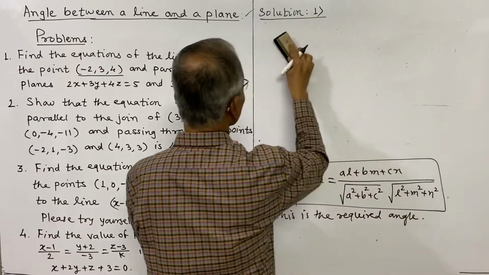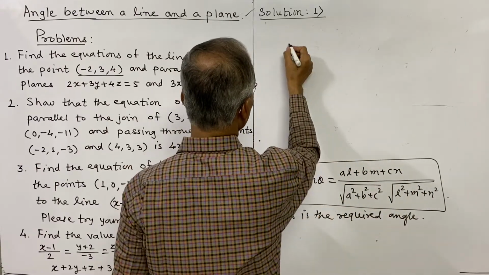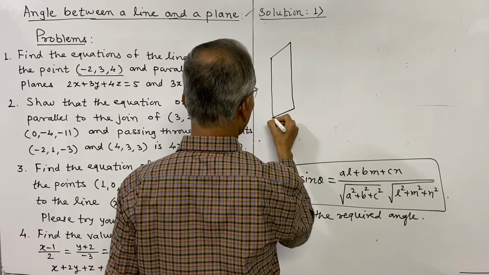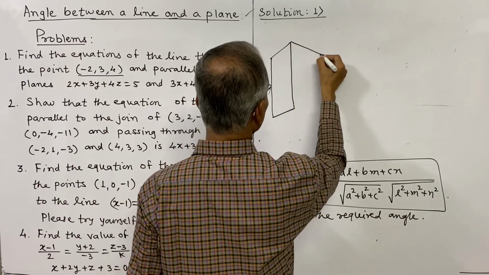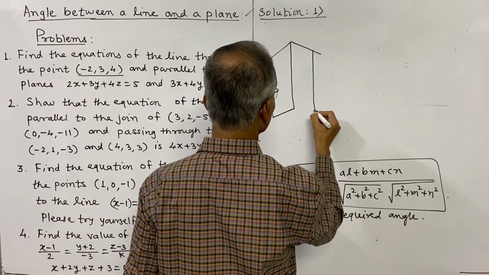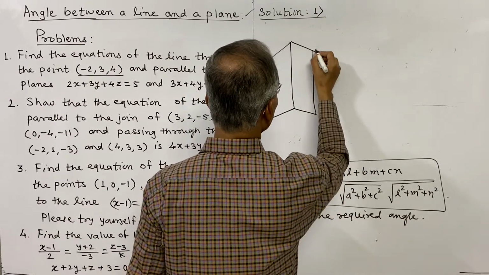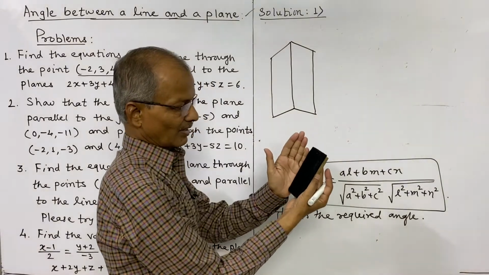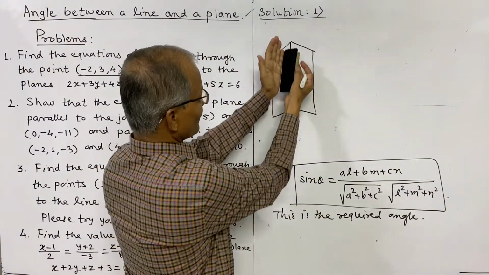So the planes are intersecting, or the figure may be of this type. Suppose these are the two planes. This is one plane, and the other plane can be considered as this one. We have to imagine it. These are two planes like this, and they are intersecting at this.